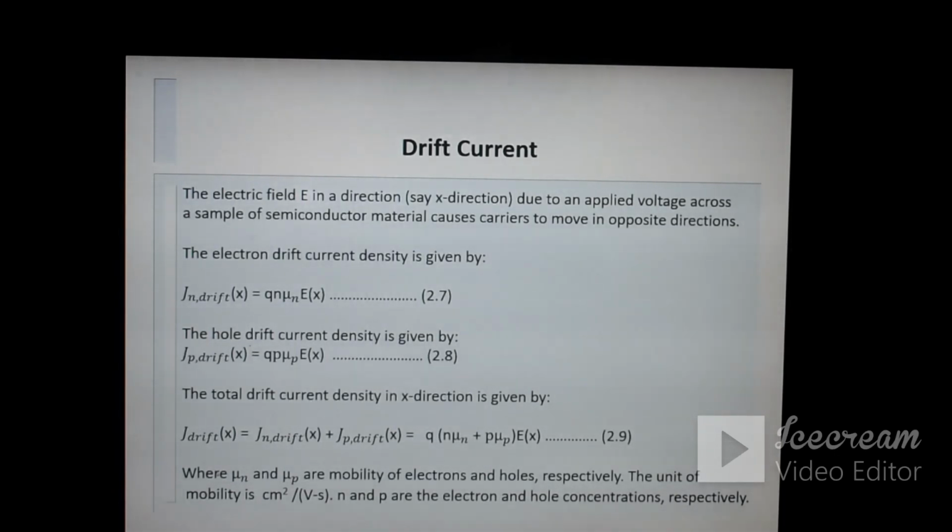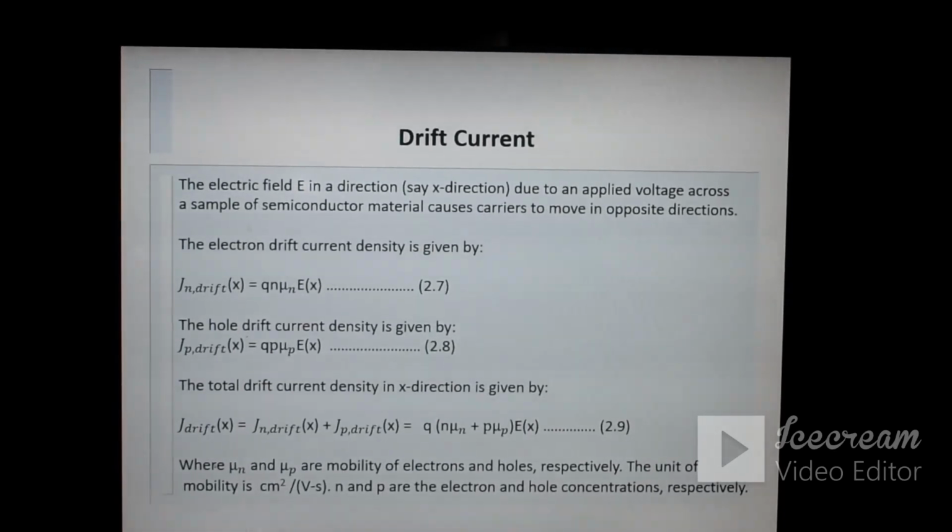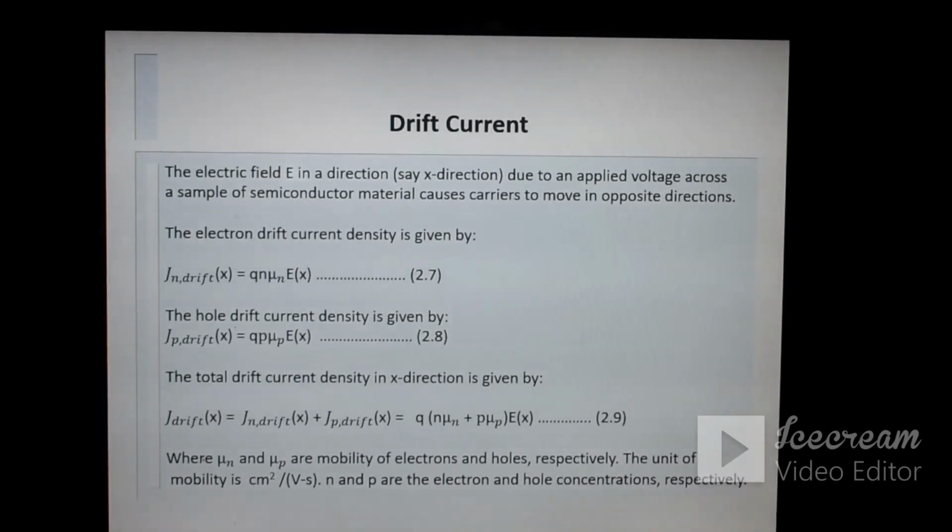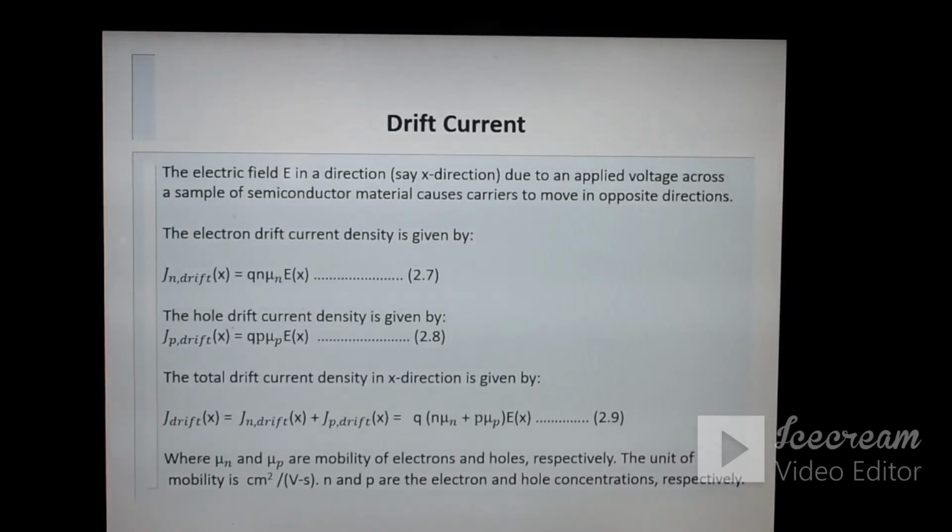But as a whole, total current will be the sum of both. Now electron drift current density is given by equation 2.7, q n mu n Ex, where Ex is the electric field in the direction of X, q is the elementary charge, n is the electron concentration, and mu n is the mobility of electrons.